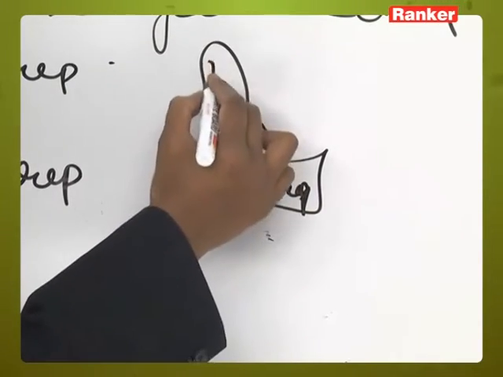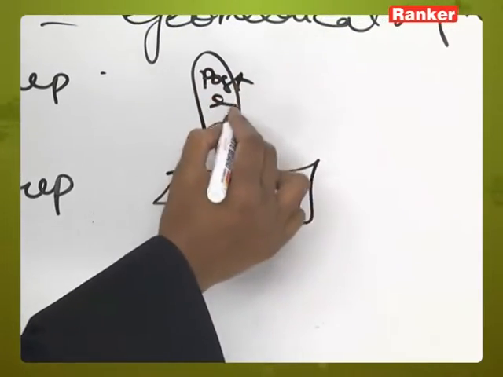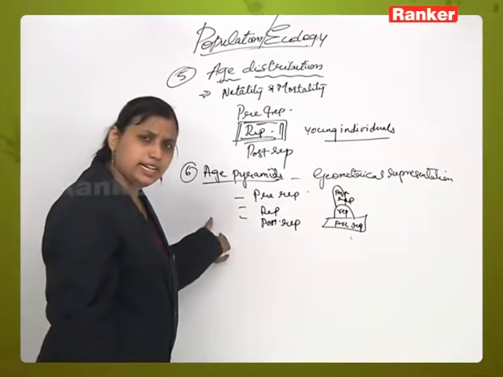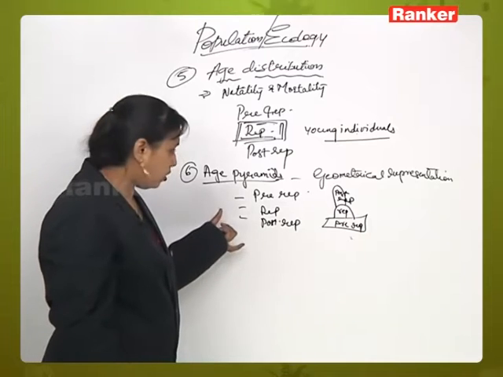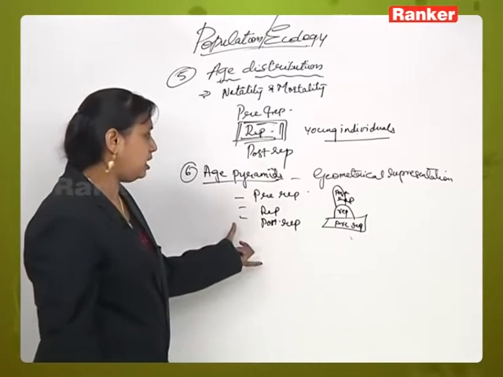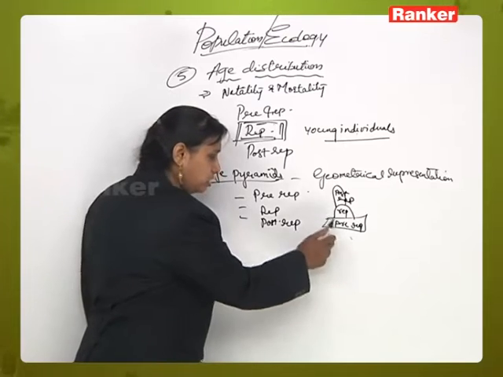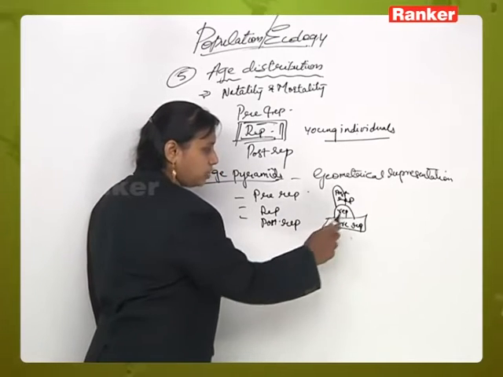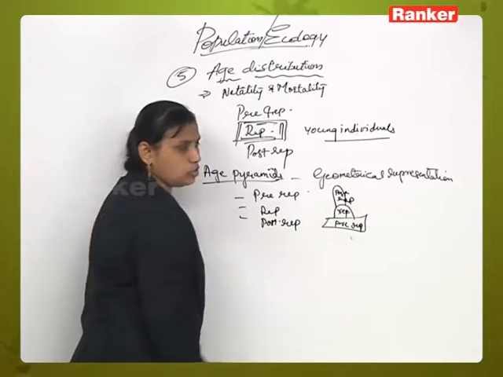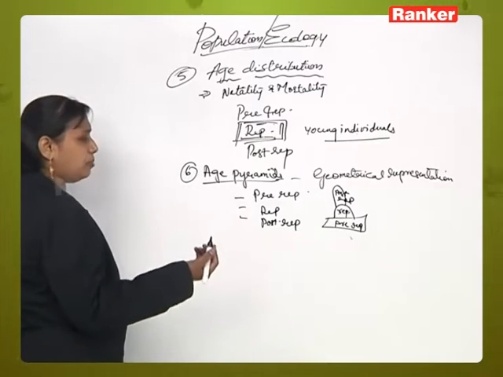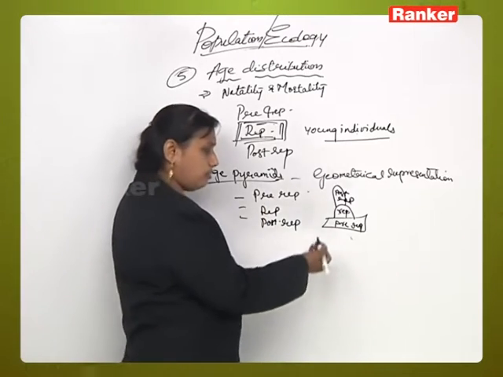Next, you will have the post-reproductive phase. Any pyramid which indicates the age of individuals of an organism in a population has the base occupied by the pre-reproductive phase, the center occupied by the reproductive phase and the topmost position occupied by the post-reproductive phase.